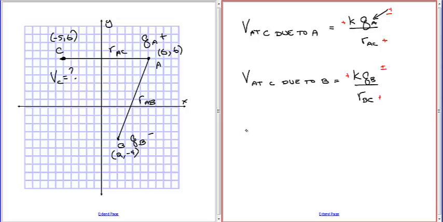And then to find the voltage at C due to both charges, you just add the two voltages together.